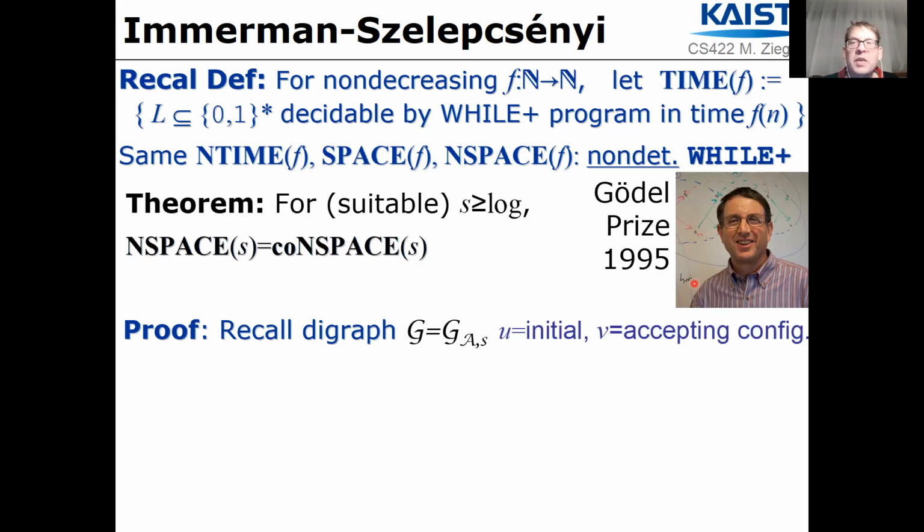But now remember, the goal is to somehow express universal quantifiers or negative answers to the unreachability question in terms of positive guesses, where we can only guess witnesses positively.